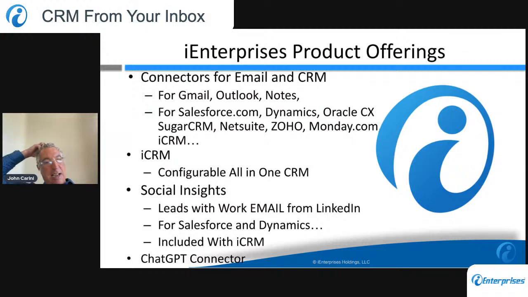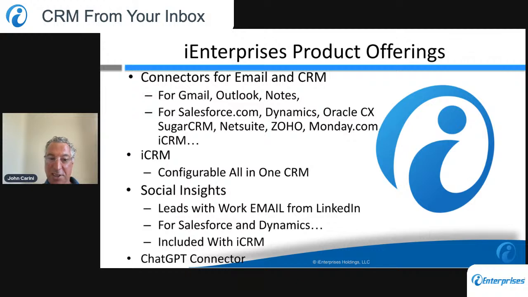It gets the real work email address, which is better than the tools from LinkedIn itself, because they just give you the email address that the person put in their profile, which is typically their personal email. So we get their work email too.